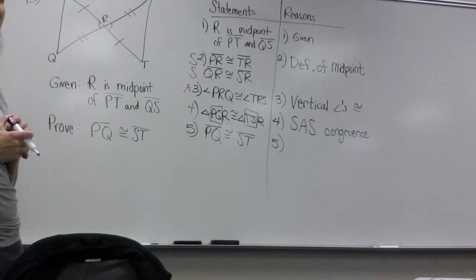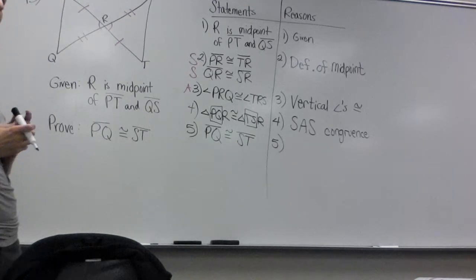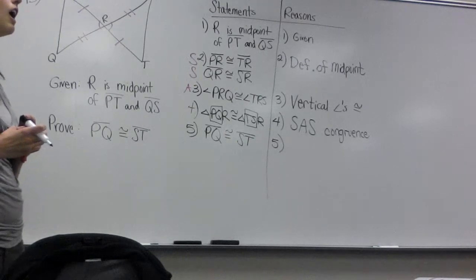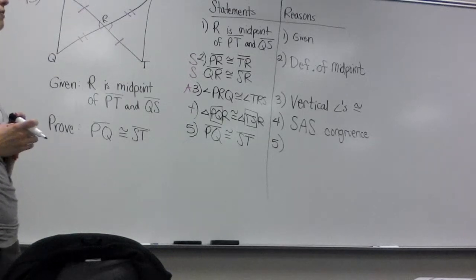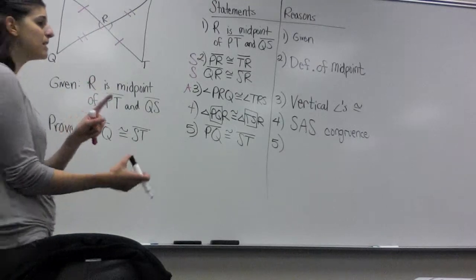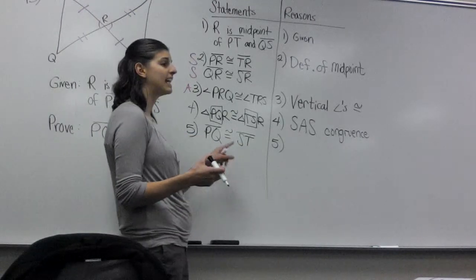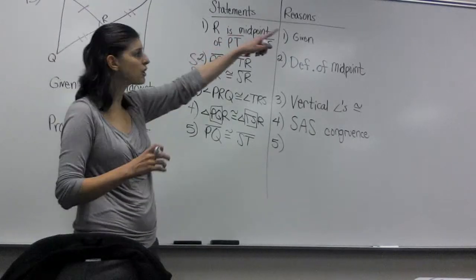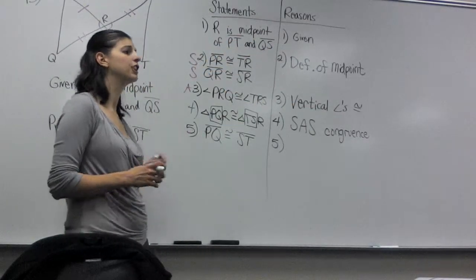Side angle, side congruent. That's why the triangles are congruent. Side, side, side would prove other triangles are congruent. I think you might be seeing that this is a third side in the two triangles. Maybe that's why you pointed it out. But those are reasons to prove the triangles are congruent.